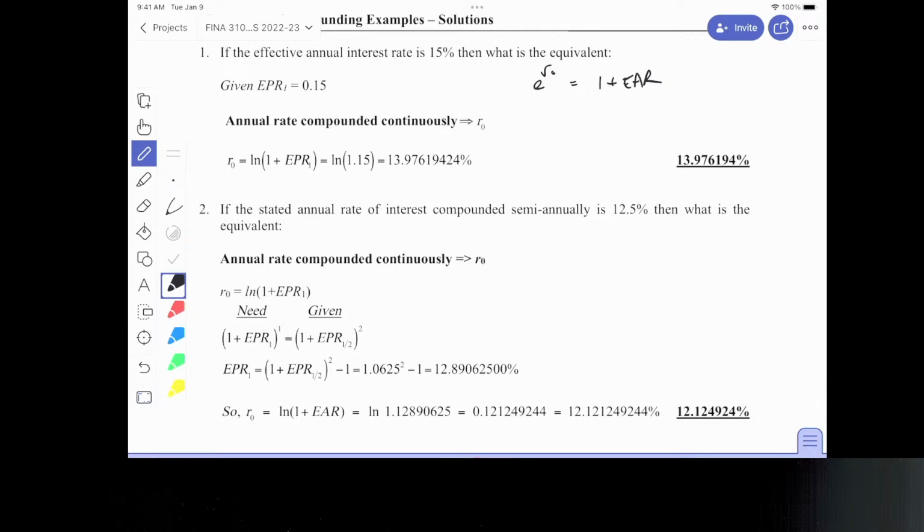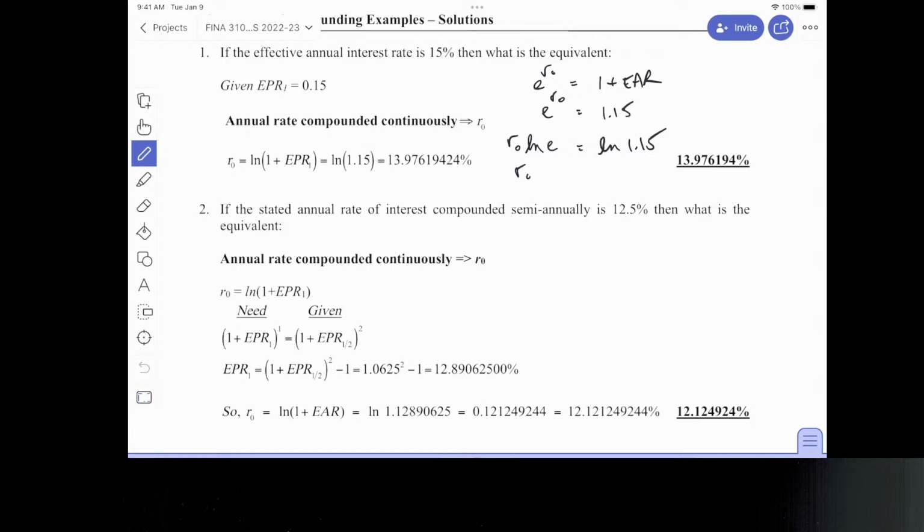So this is algebra. And once you know the principle, you understand the finance part of it, then it's just algebra. So how do you solve for the exponent here? You have to take the logarithm of both sides, the natural log, which will reduce this here.